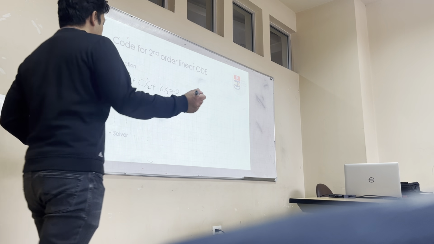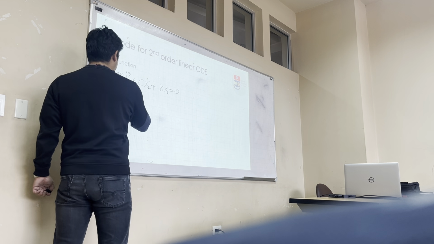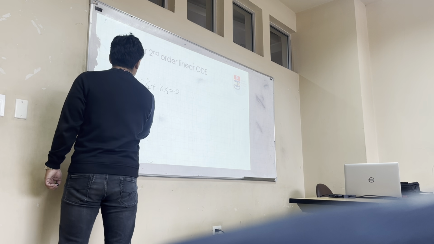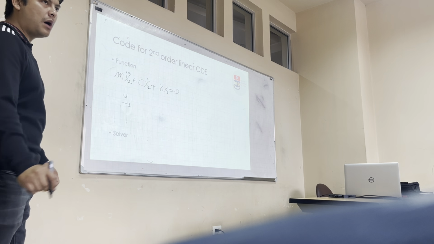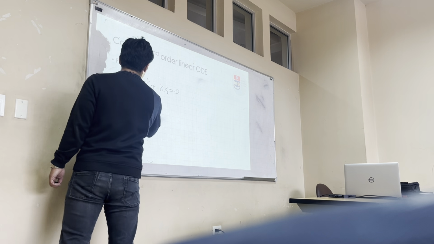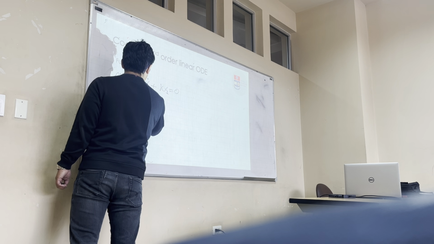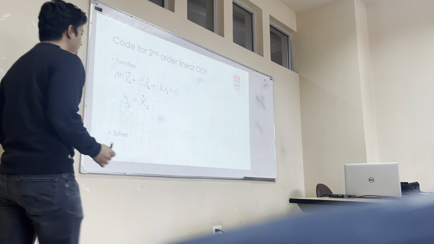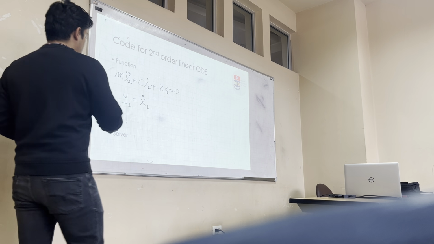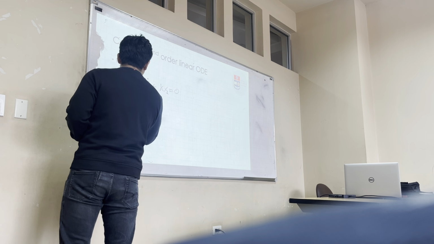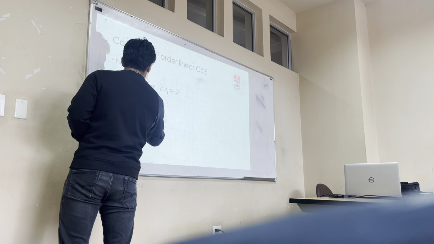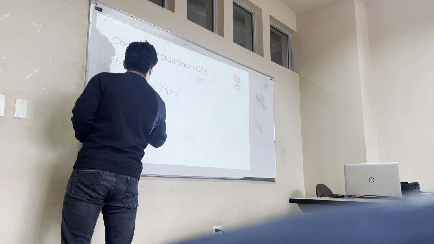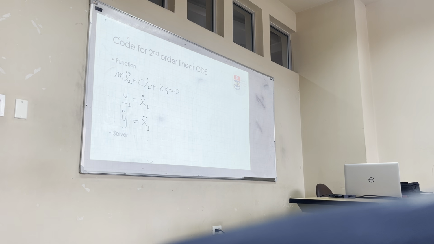So, we are going to say the following. This variable, y1, is going to be equal to x dot 1. y1 dot is going to be equal to x double dot 1. Right? If you understand what I'm doing here, you are not going to have any trouble reading the code.